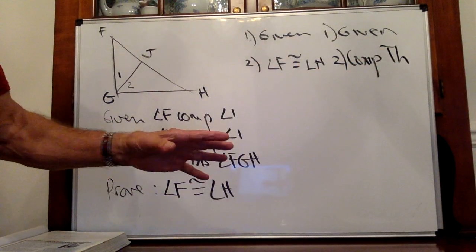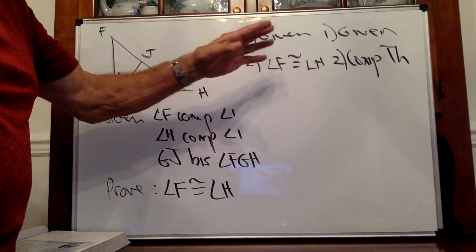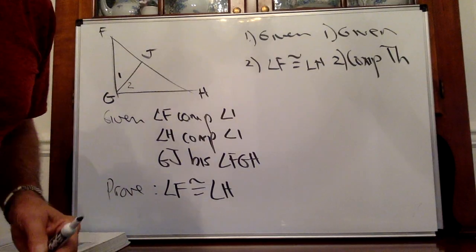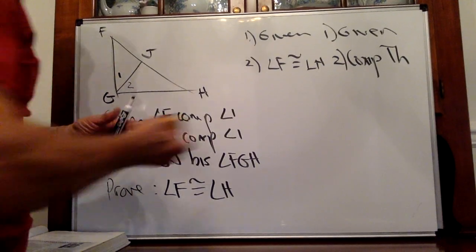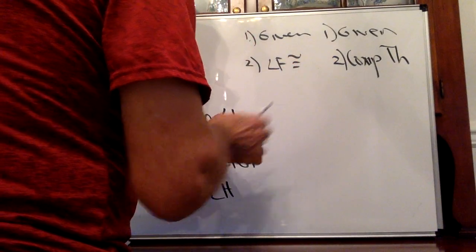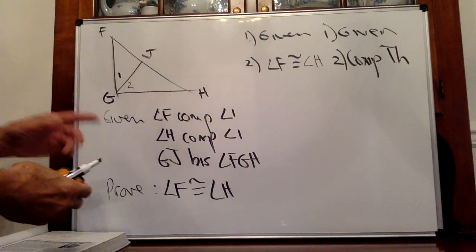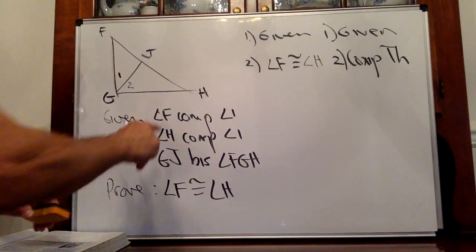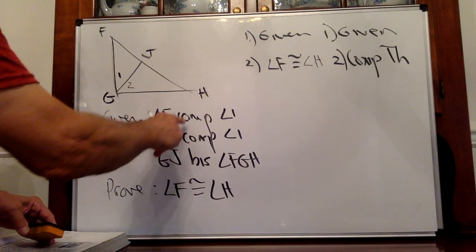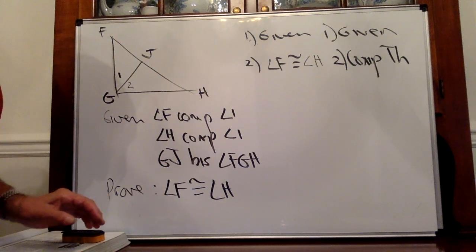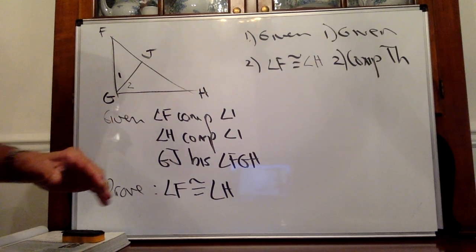We just proved the complement and supplement theorem. Complements of the same angle or congruent angles are congruent. F and H are complements of the same angle, angle 1. Therefore, they are congruent.